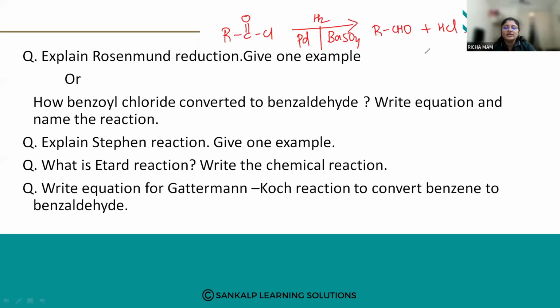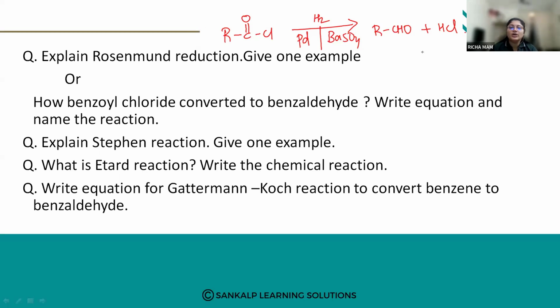So acid chloride is hydrogenated over palladium on barium sulfate to give aldehyde, and this reaction is called the Rosenmund reaction. So this is the general equation.